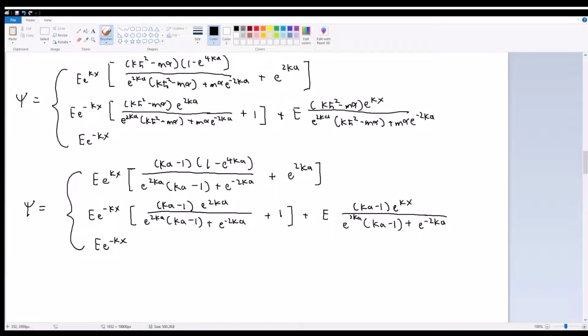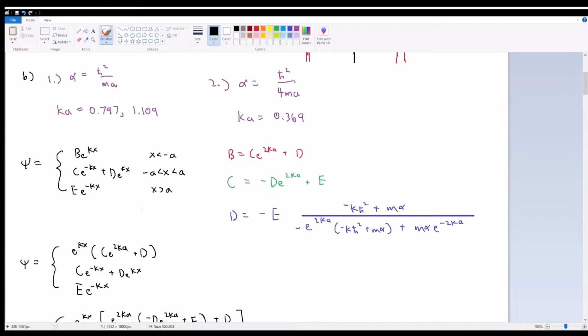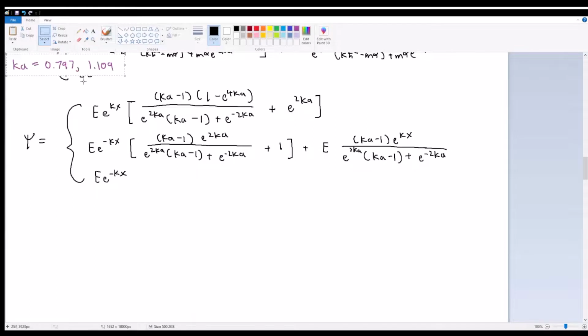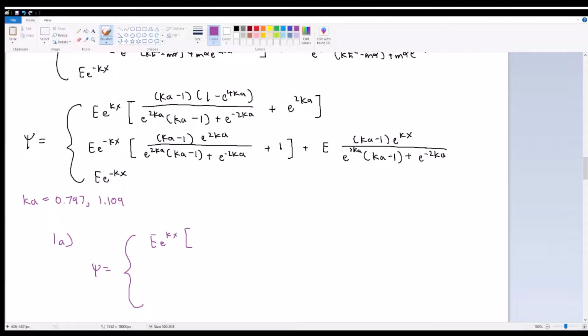Now we start plugging in, because we have these two conditions for ka. So let's do 1a: psi equals e times e to the kx times (0.797 minus 1) times (1 minus e to the 4ka), divided by e to the 2ka.